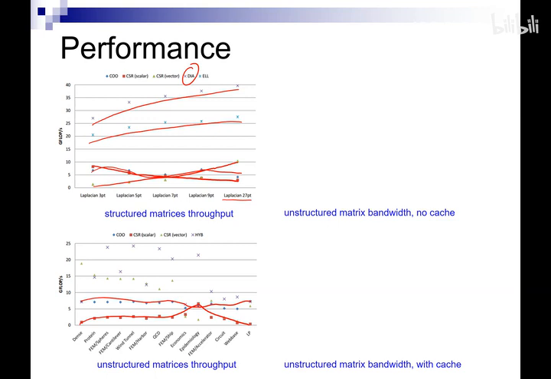If you search for something like sparse matrix collection, you'll get a website with thousands and thousands of these sparse matrices, so you can see what they look like. But regardless of the structure of the matrix, the COO format, which is agnostic to the structure, performs more or less the same.